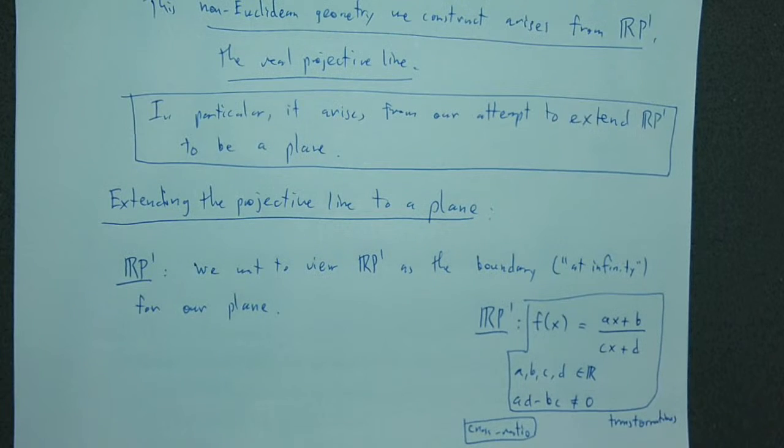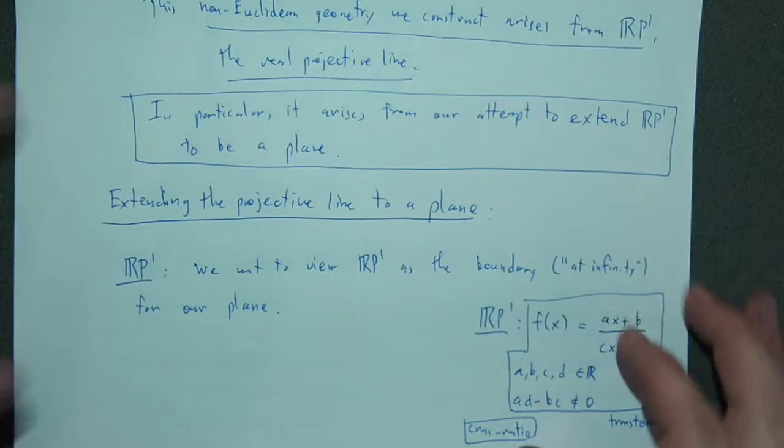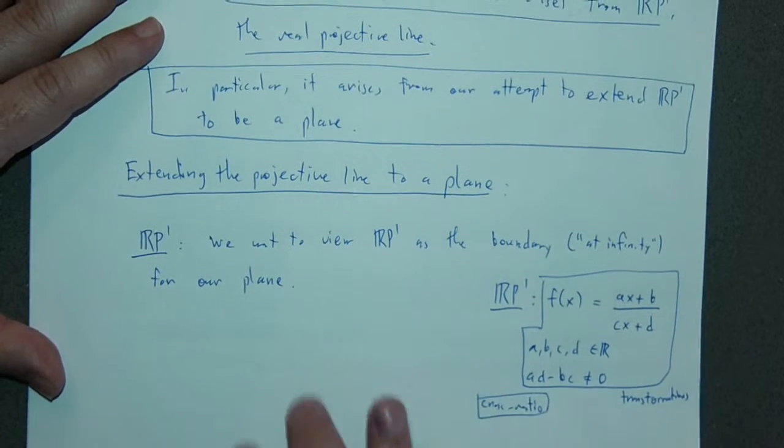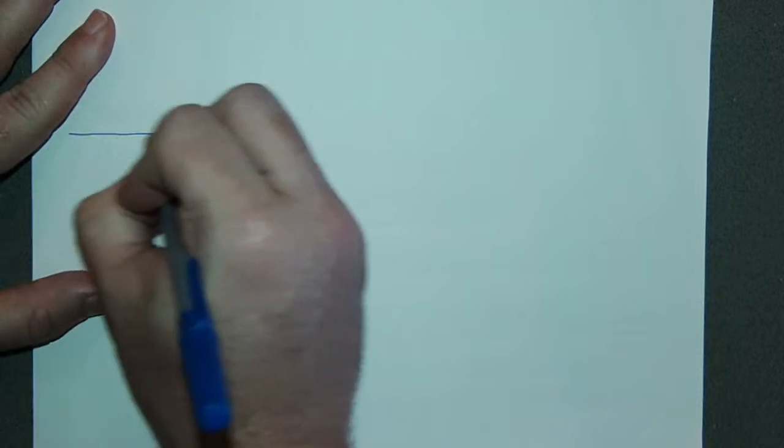Now, how is this going to give me the transformation group for my RP1 extended to a plane? First of all, how am I going to do this? So what is the fundamental idea? Fundamental idea is I have a line.